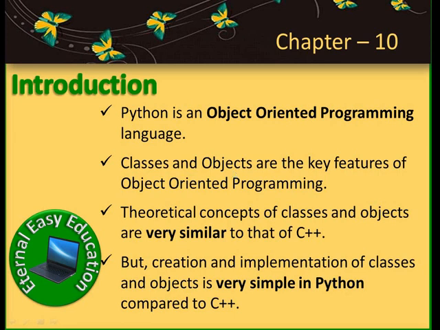So Python also supports classes and objects in its programming. When we compare this with C++, the theoretical concept is the same. But the good news is that creation and implementation of classes and objects is very simple in Python.